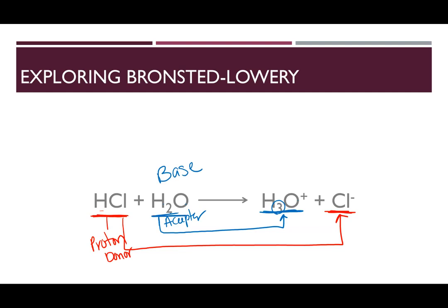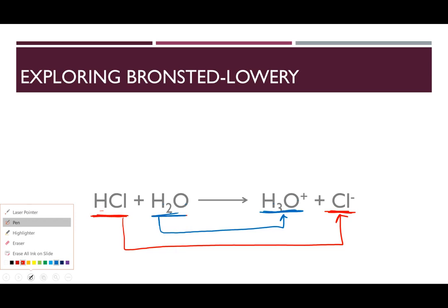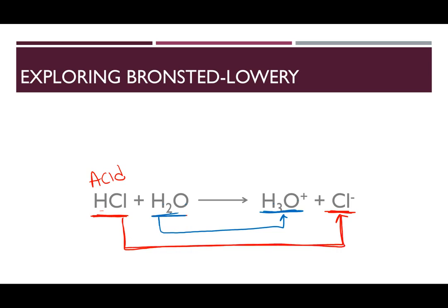So this link that I made on opposite sides of the reaction arrow, they have names. We're going to call them conjugate acids and conjugate bases. So over here, HCl was our acid, and it is linked to its conjugate. It's always going to be called a conjugate, and an acid will always be linked to the conjugate base.